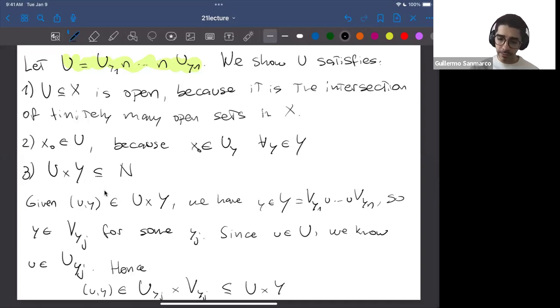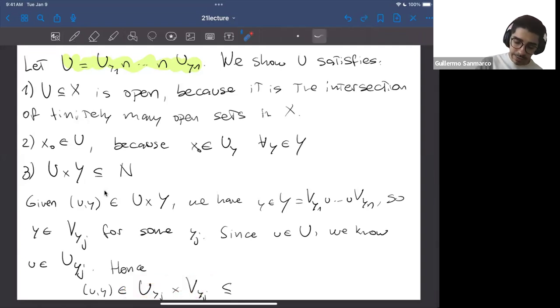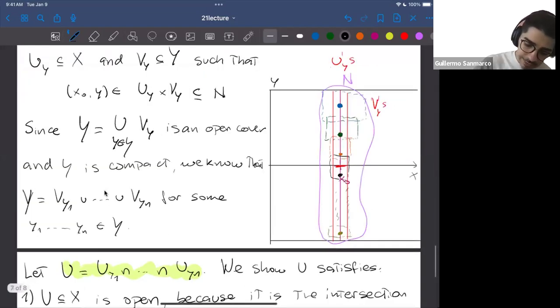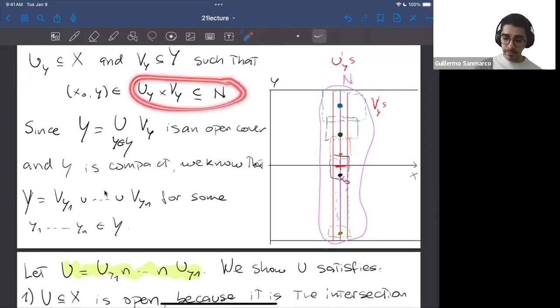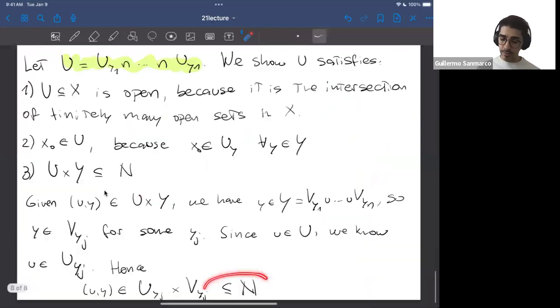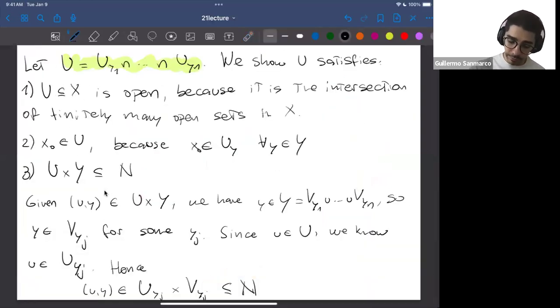Oh, but that's not what we want. U_yj cross V_yj, I need to prove this guy lives inside of N. So I need to say that this lives inside of N. And this is exactly how we started our proof. You go back, this is exactly how we started with these guys. So that we know. And that's exactly what I want to prove.